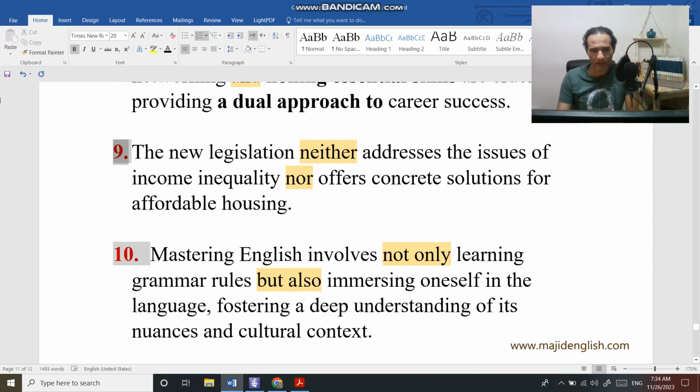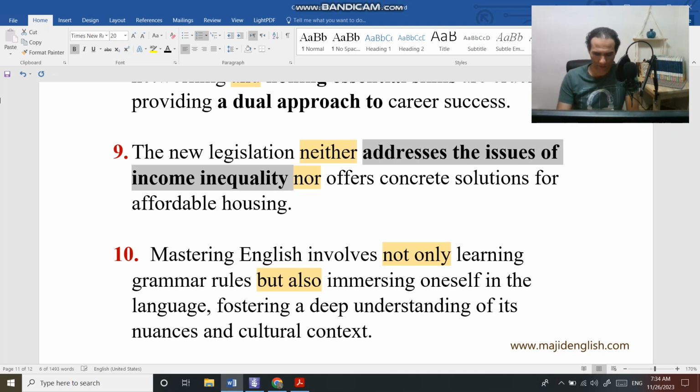Okay, number 9: The new legislation, the new law, neither addresses the issue of income inequality nor offers concrete solutions for affordable housing. So it means the new legislation does not do this one, does not do that one. Address the issue of something.